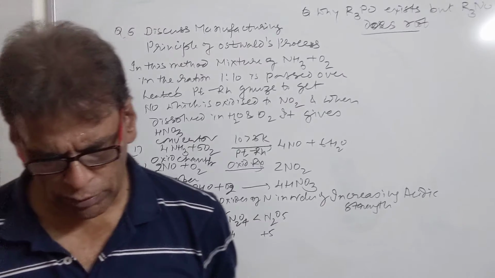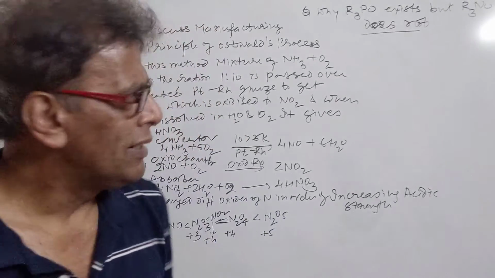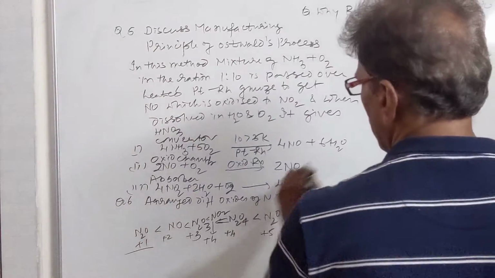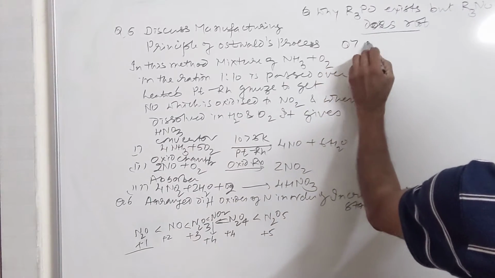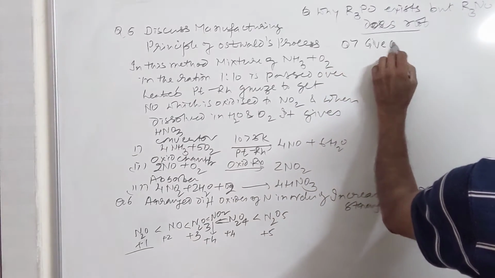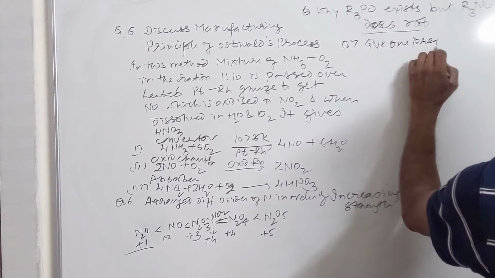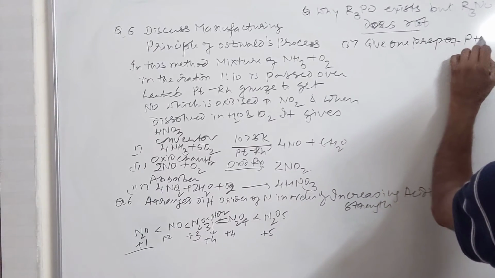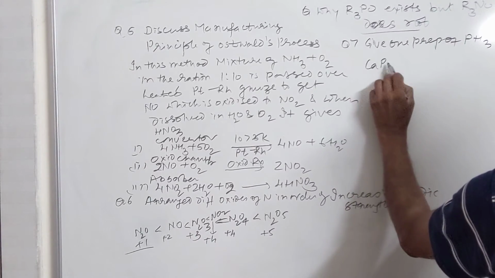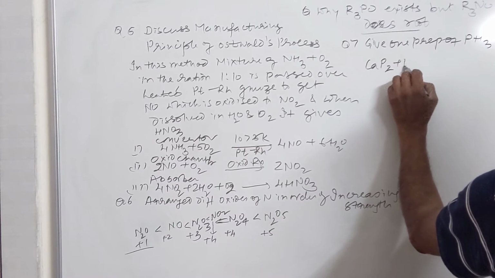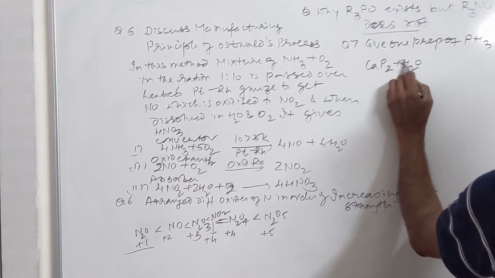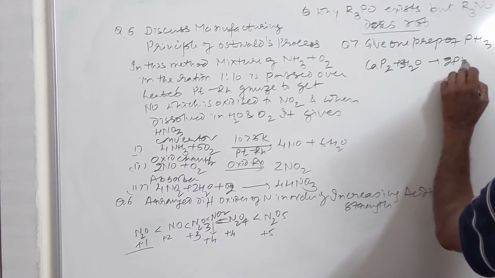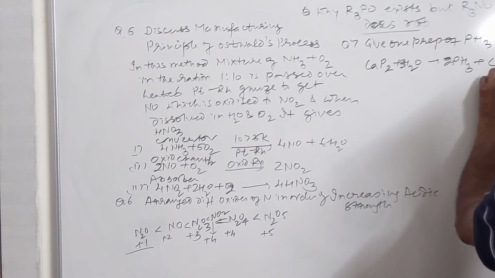Then we have: give one preparation of phosphine, calcium phosphide. We have question number 7, give one preparation of phosphine. फॉस्फेन को बनाने के लिए calcium phosphide heated with water, you get 2PH3 plus calcium hydroxide.